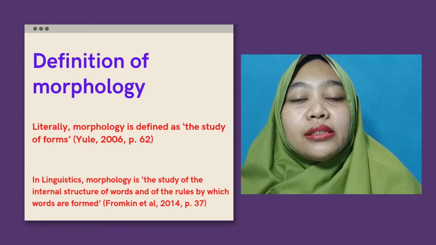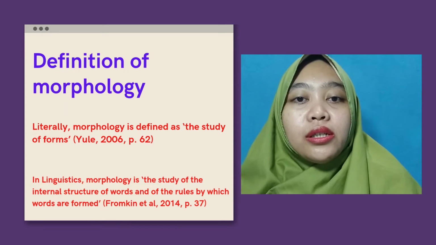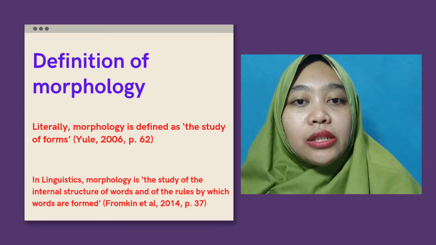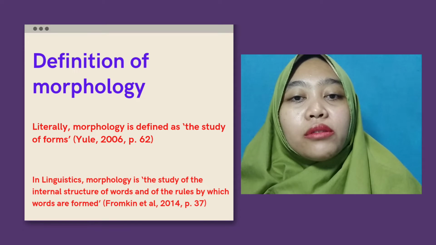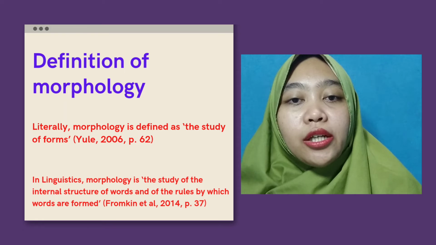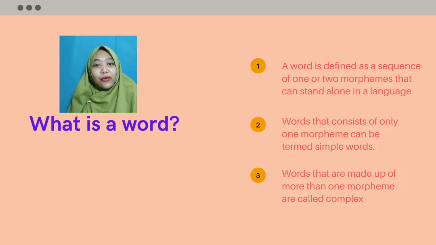It means that in morphology, we learn how words are constructed. What are the elements within words, or what is the rule to create a new word? As I mentioned before, in morphology, we focus on word structure.